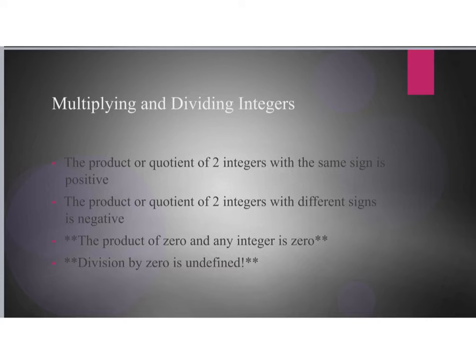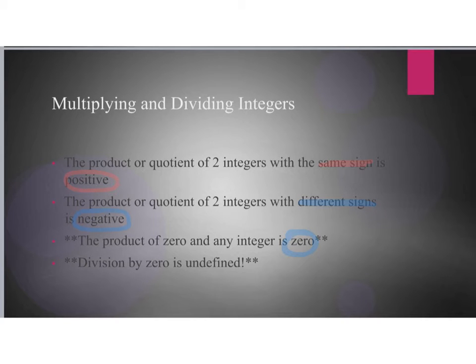So just as a quick refresher, the product or quotient of two integers with the same sign is going to be positive. The product or quotient of two integers with different signs is going to be negative. Any product that's being multiplied by 0 and any integer will always give us 0.